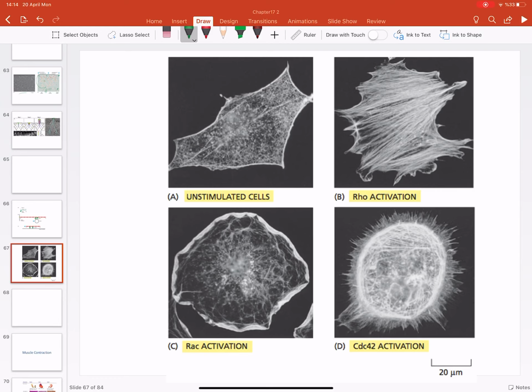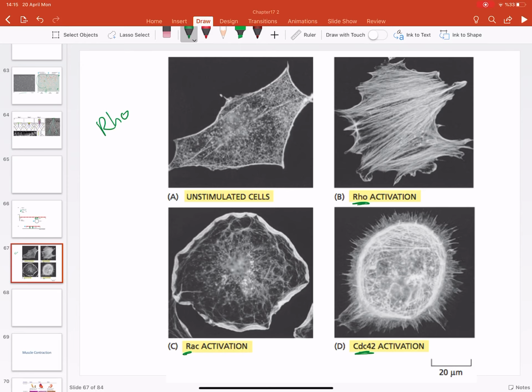These are the Rho class of proteins, Rho family of proteins. Okay. This is called the Rho family, and there are three members: Rho, Rac, and Cdc42. They are all actin binding proteins. They all activate actin polymerization, and they all make structures made of actin, but these structures are different.